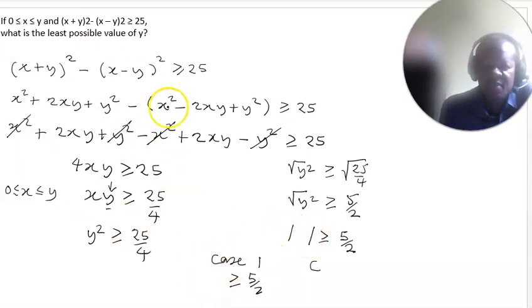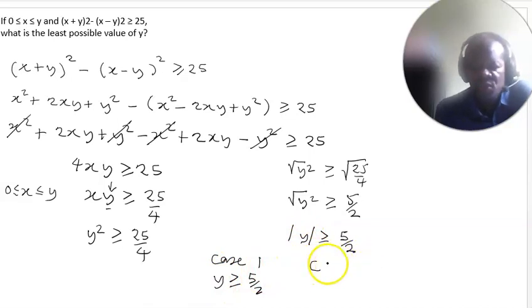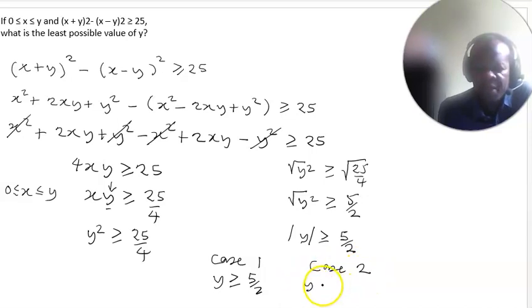So this is y. So case two will be y is less than or equal to minus 5 over 2. Now, but from the information we have here, y is greater than 0. So which means y is positive. So it is this one that is relevant to the positive.